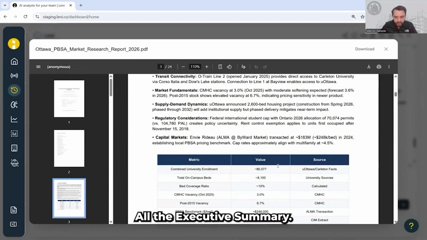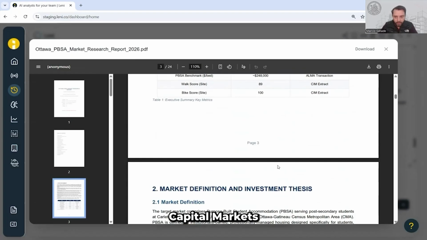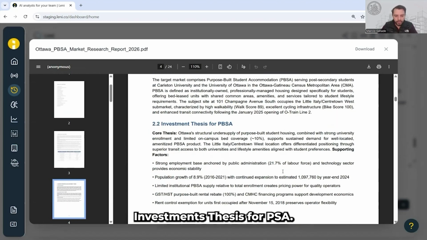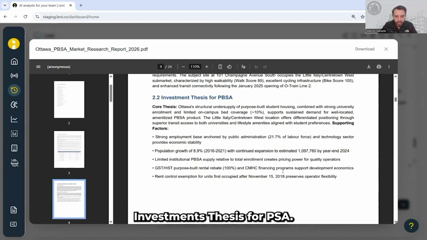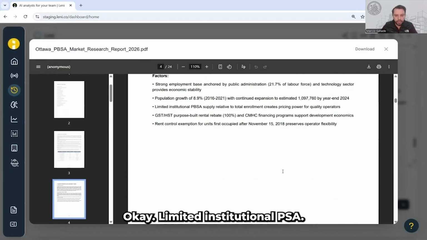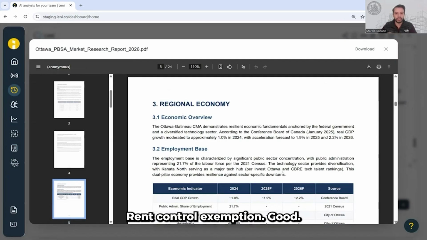Okay, all the executive summary. All right. Capital markets. Okay. Market definitions. Investment thesis for PBSA. Okay, structural undersupply, strong employment, population growth. Okay, linked institutional PBSA, taxes, rent control exemption. Good.